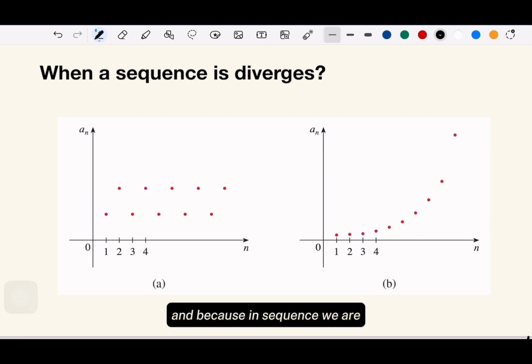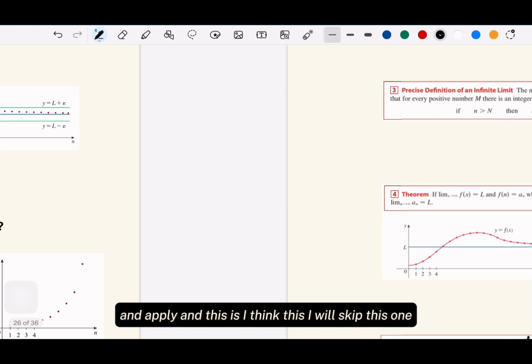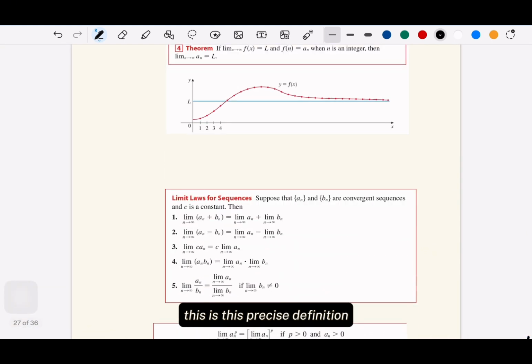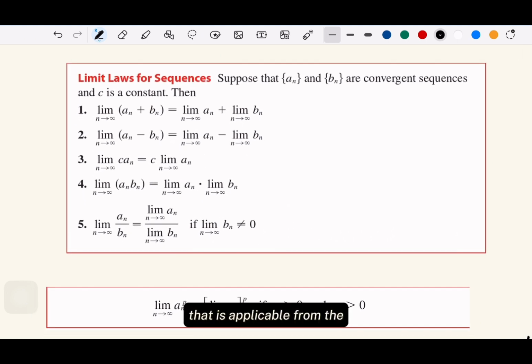And because in sequences we are basically doing limits, all the limit laws from calculus 1 we are going to use and apply. I will skip this precise definition.